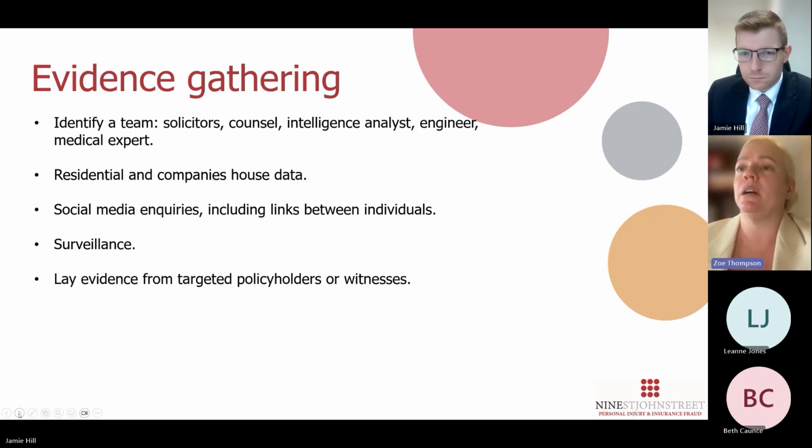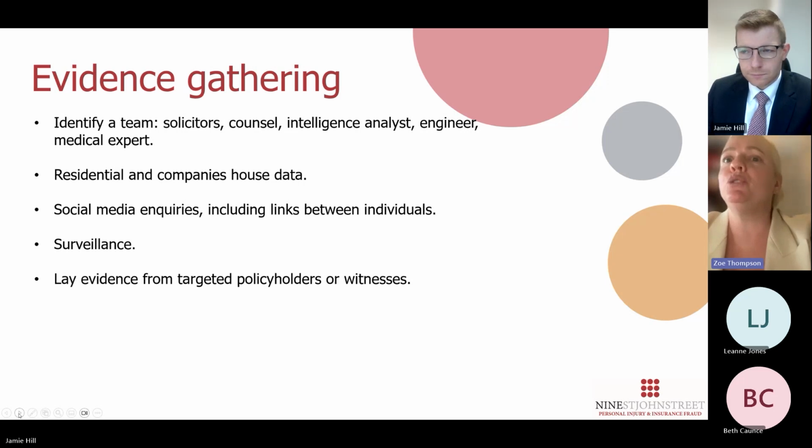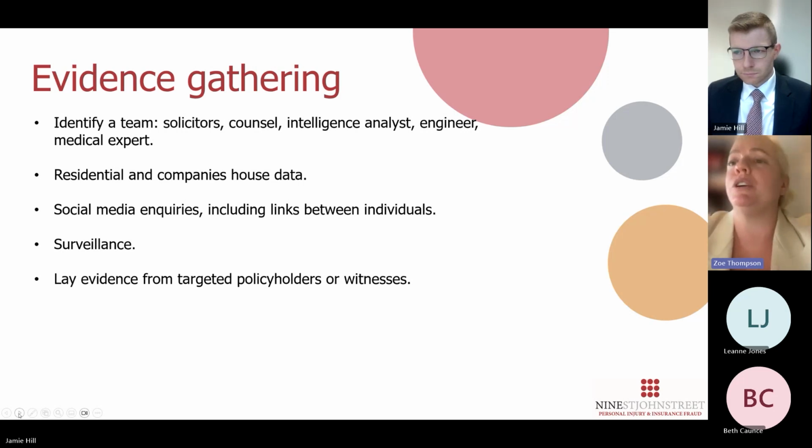And if you're dealing with a case with experts, you normally want your own medical expert looking across all of the medical reports and your own engineer looking across all the engineering evidence. Then you have the usual, your residential and Companies House data, social media inquiries, which is often where you find the link between individuals, and your lay evidence from your policyholders.